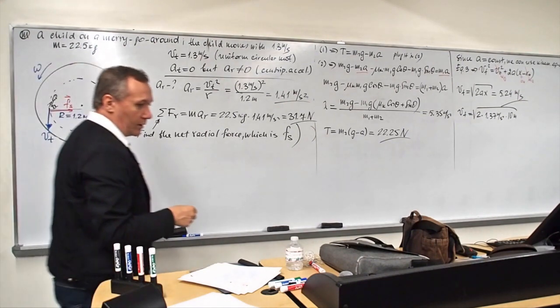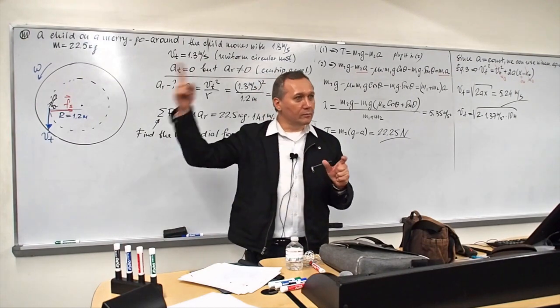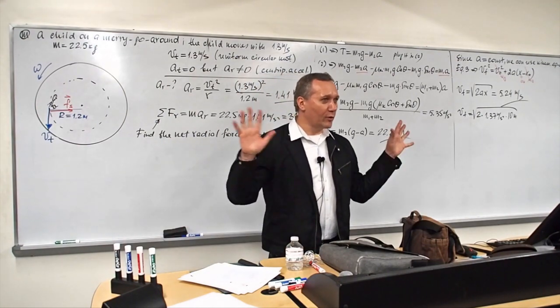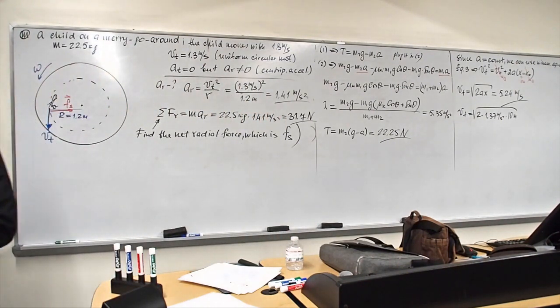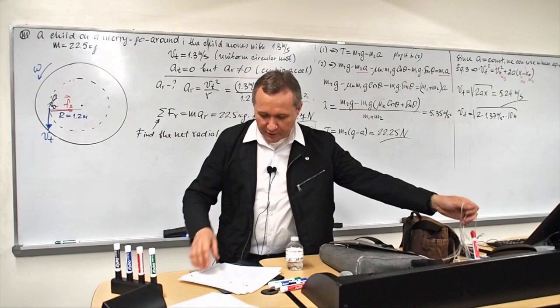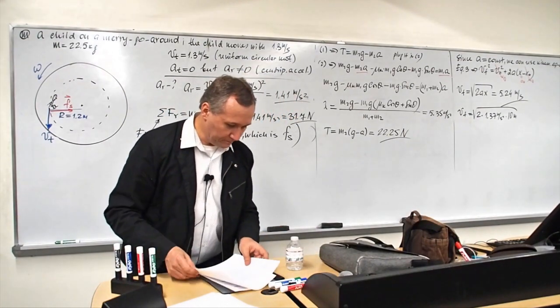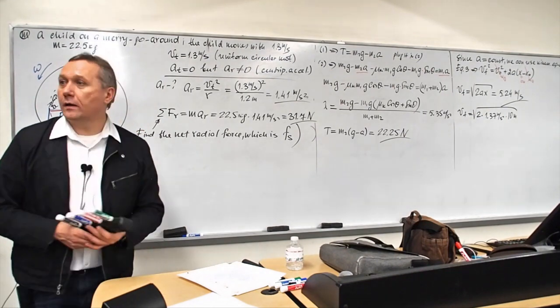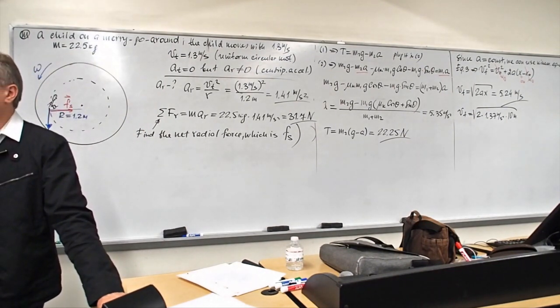Now, next is about an object circling in a vertical direction. So now we're not going to use a child. It will probably be the last problem for today's review. Is the universal law of gravity going to be like that?